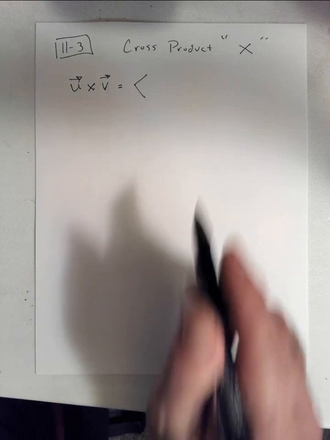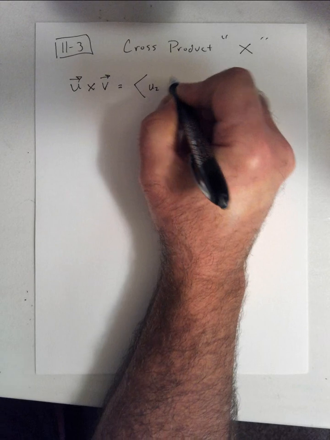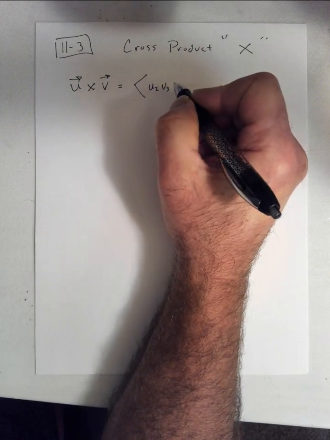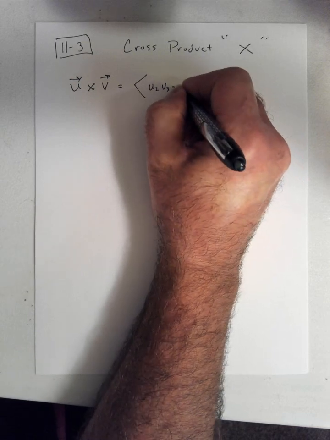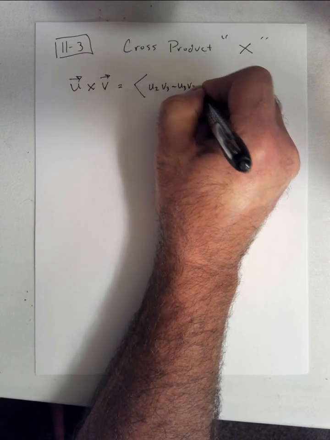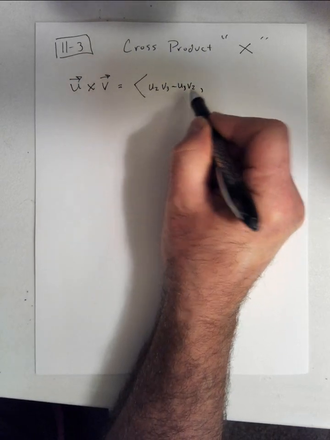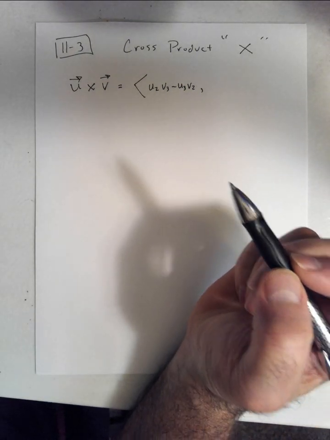And so we take u2 v3, that product, minus u3 v2, and this becomes the x-coordinate of the third vector.